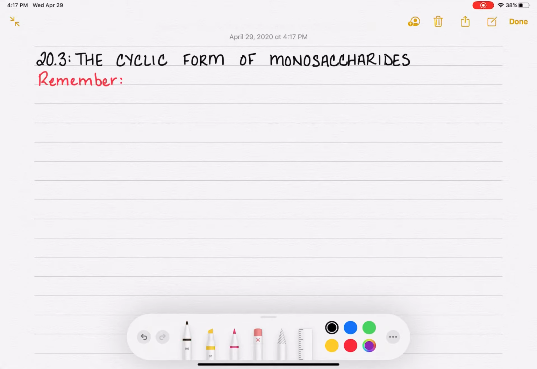You have learned that if you have something like an aldehyde or a ketone, and you react that aldehyde or ketone with an alcohol, and there's some acid present, then you can form an acetal or a hemiacetal. We open up the carbon-oxygen double bond, turn it into two single bonds.